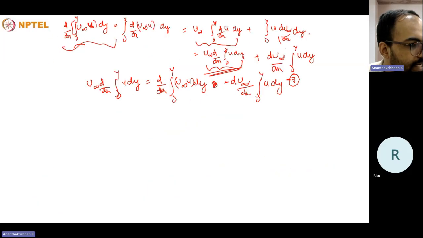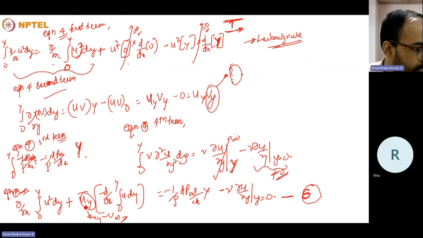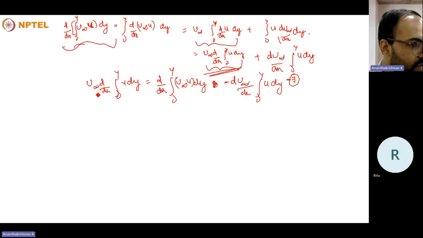Therefore, the second term, uy minus dou by dou x of the integral of 0 to y u dy, could be written as follows. When y is away from the wall, u becomes equal to the free stream velocity. So u infinity times dou by dou x of this will be equal to the subtraction of these two terms.